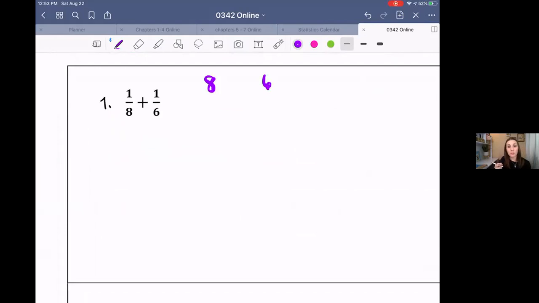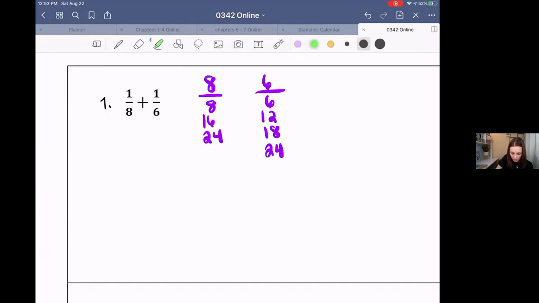And I'm going to write down some multiples of 8 and 6. 8 times 1, 8 times 2, 8 times 3, 6 times 1, 6 times 2, 6 times 3, 6 times 4. You'll notice that they share a multiple. So if I can make them have a denominator of 24, you can see maybe if you were drawing circles that 24 would be difficult. So that's why I didn't draw circles for this one.